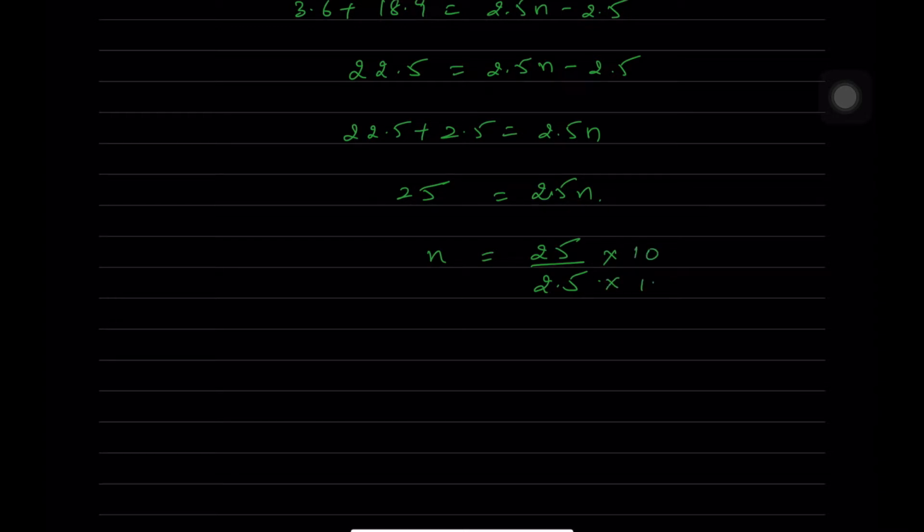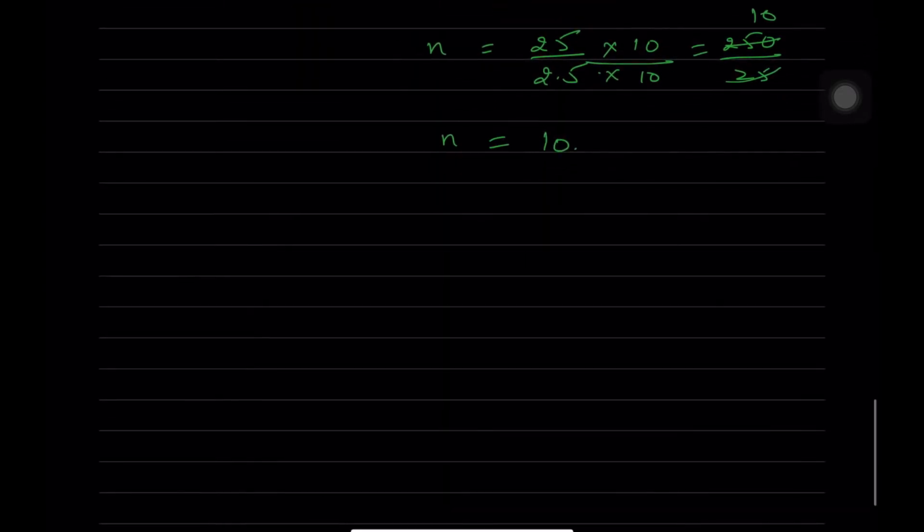So multiply with 10 in the numerator and denominator, you will be getting it as 250 by 25. 25 tens are 250, so n is equal to 10. This is the first problem which you're having.